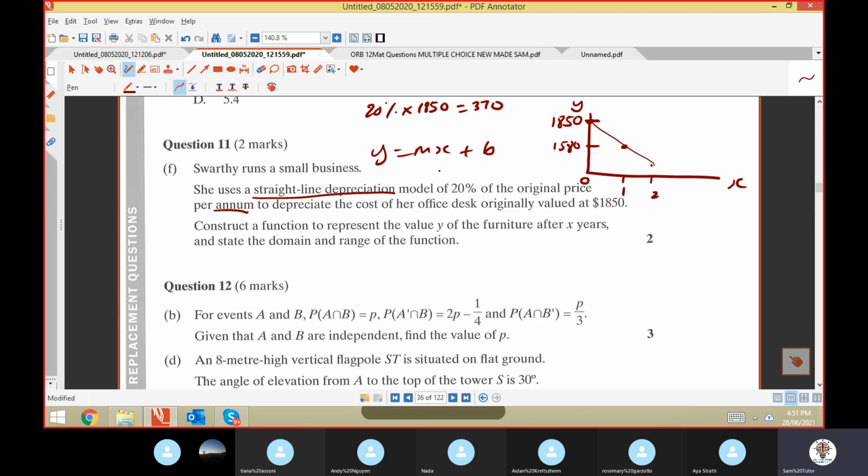All right, so we need an actual function. You know the y-intercept is 1850, so y equals mx plus b, we'll do that as 1850. We know it's losing 20%, so minus 20% of... what do we think now? Anyone have any ideas?